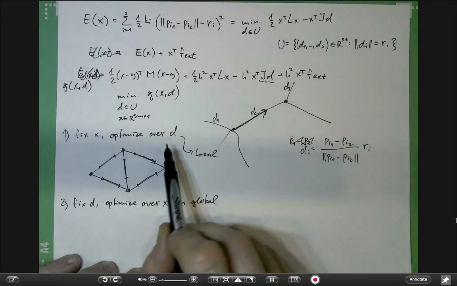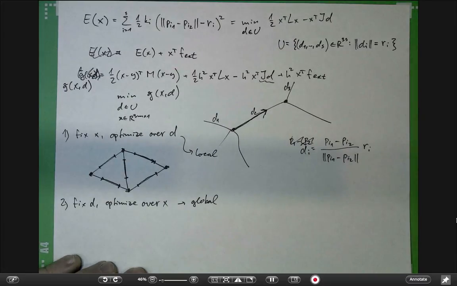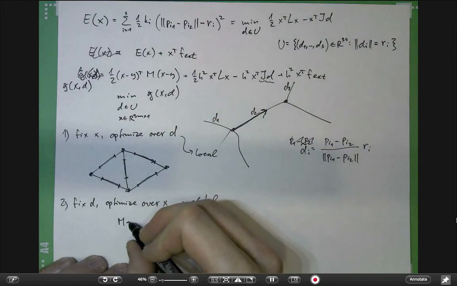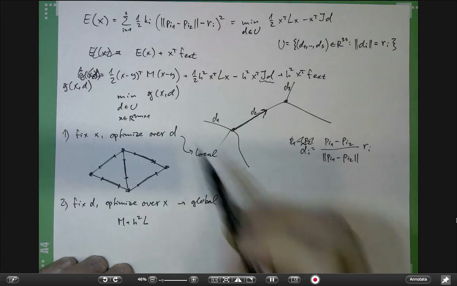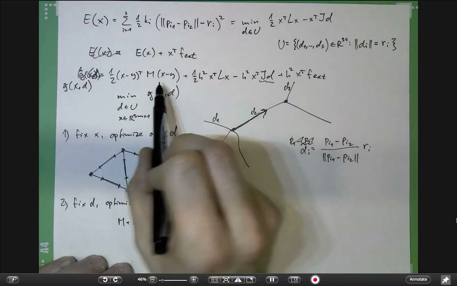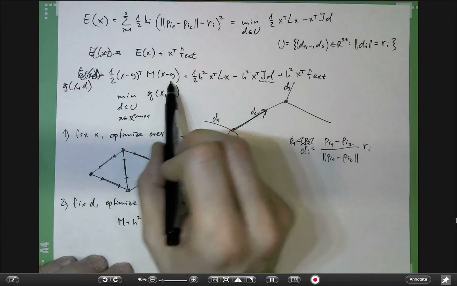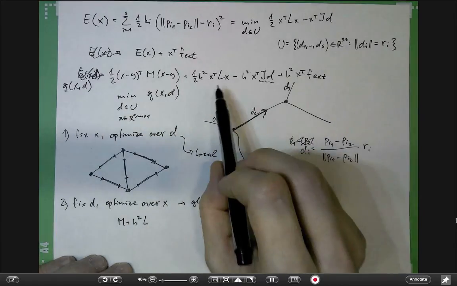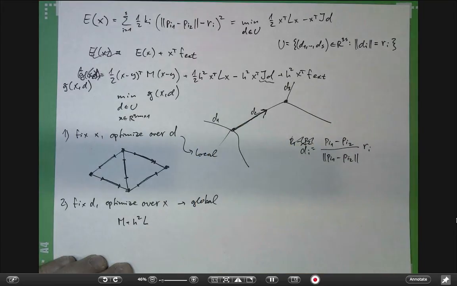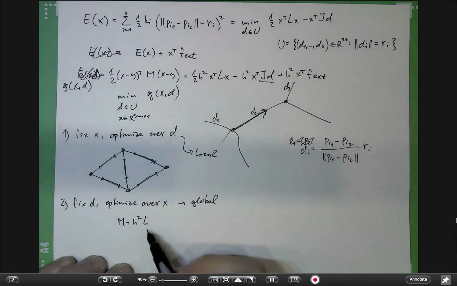So if I have a fixed d and optimize over x, I'm solving an unconstrained convex quadratic optimization problem. What is the Hessian of that problem? The Hessian of that problem is M plus h squared L, right? That's because the unknown here is x. So here is the quadratic term in x: one half x transpose M x, and here is the second one: one half h squared x transpose L x, right? So the Hessian is M plus h squared L.